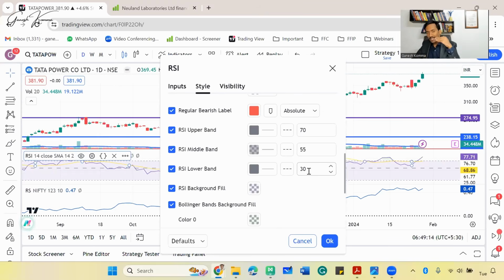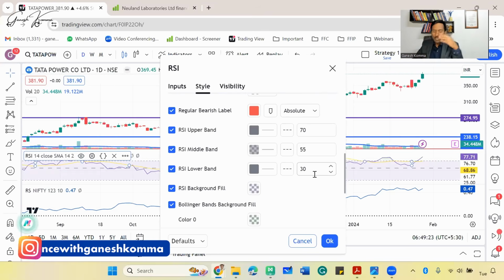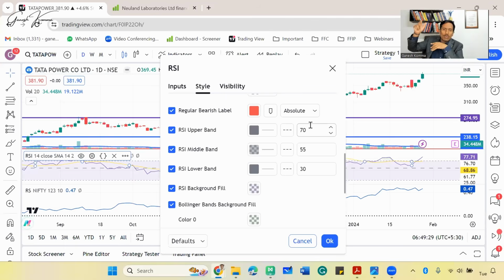Anything going below 30, or coming down from the 50, it is losing its strength. Below 30 means it is losing its strength, going into an oversold zone. From 50 to 70 or even moving ahead of 70, it is picking up more strength.